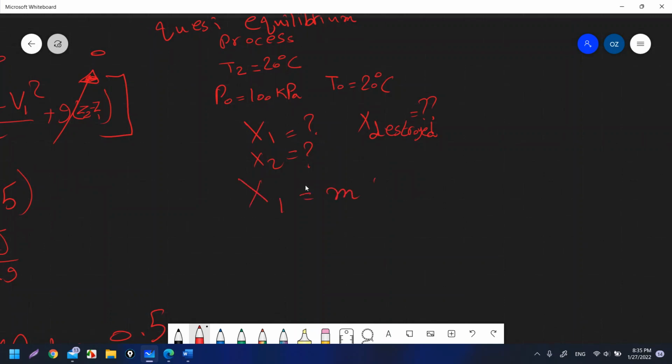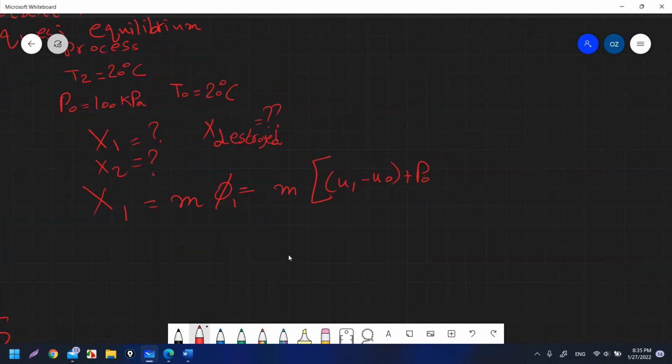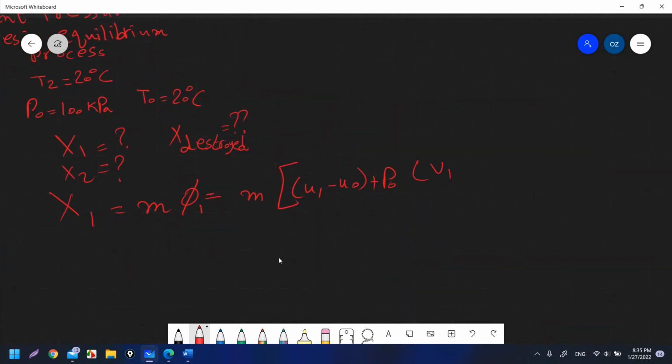So let's write this equation. X1 equals m phi 1, m times U1 minus U naught plus P naught times V1 minus V naught minus T naught times S1 minus S naught. The system is stationary.